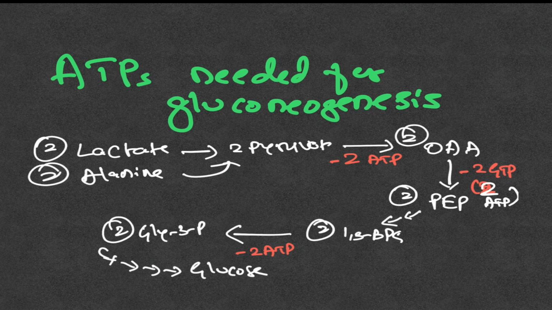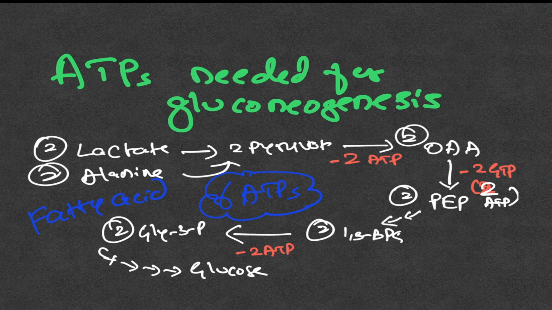So, overall what you see here is the conversion of 2 lactate into glucose or 2 alanine into glucose. There is a need of 2 plus 2 plus 2, so a need of 6 ATP molecules here. 6 ATPs are necessary for the conversion of 2 lactate into 1 glucose or 2 alanine into 1 glucose, and all these 6 ATPs for gluconeogenesis will come from fatty acid oxidation.